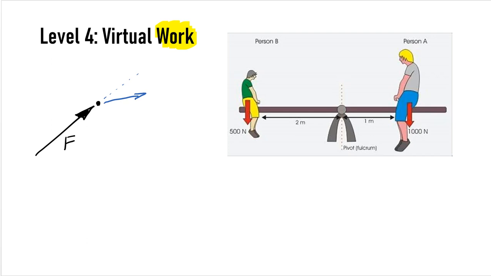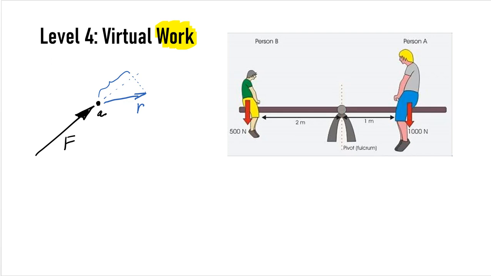So if you have a point here, let's call that point A, and you have a force acting on A, and that point moves, let's call this R, that distance, the work of that force is the magnitude of the force multiplied times the amount of displacement aligned with the line of action of the force.